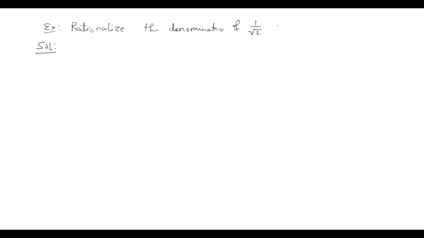So here, if we multiply and divide by square root of 2 on the given expression, it will become 1 upon square root of 2 multiplied by square root of 2 divided by square root of 2, which becomes square root of 2 over 2, right?